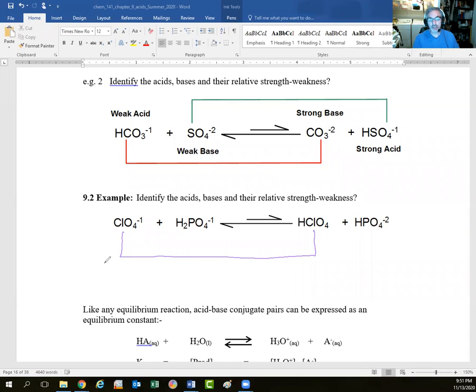Well, it's got to pick up a proton. The chemicals that pick up protons in the course of a reaction are bases. Is it a favored process from left to right? No, it's a shorter arrow. So the forward reaction is unfavored. This base is a pretty poor base or a weak base.